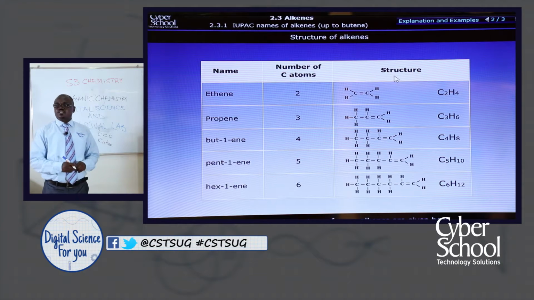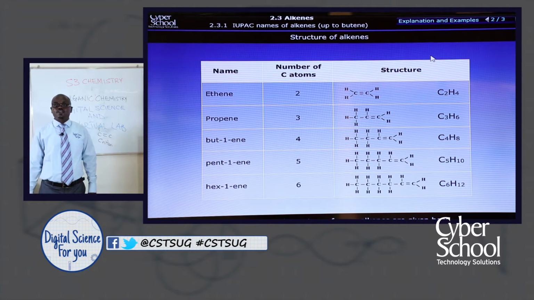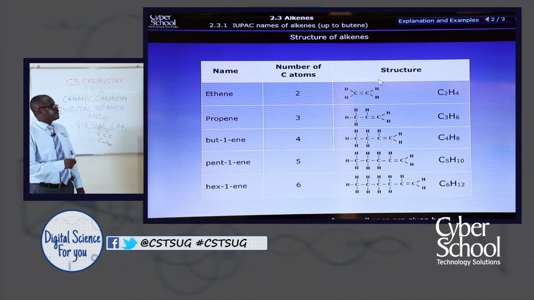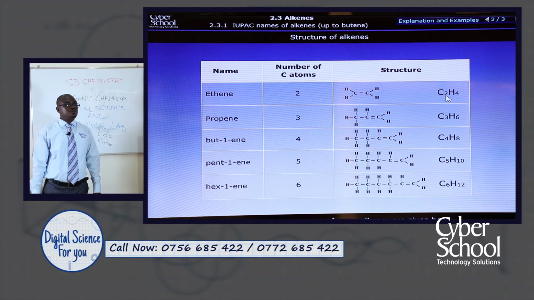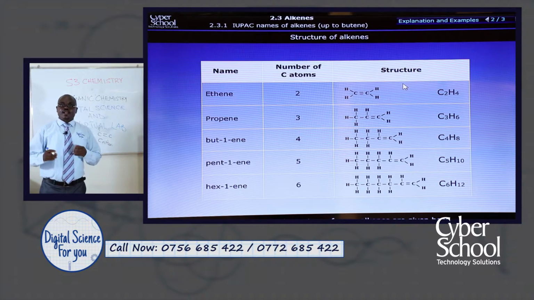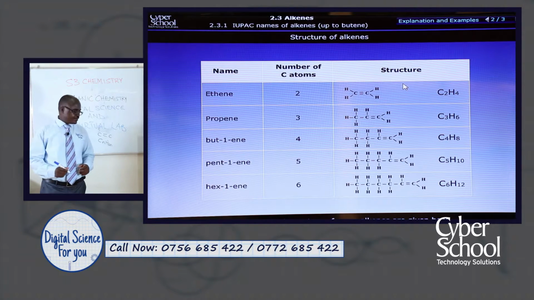We are looking at the structure of the alkenes, and ethene, which has got 2 carbon atoms, has a structure which is shown there, and it has also a molecular formula C2H4. Remember, I said alkenes have got a general formula CnH2n.